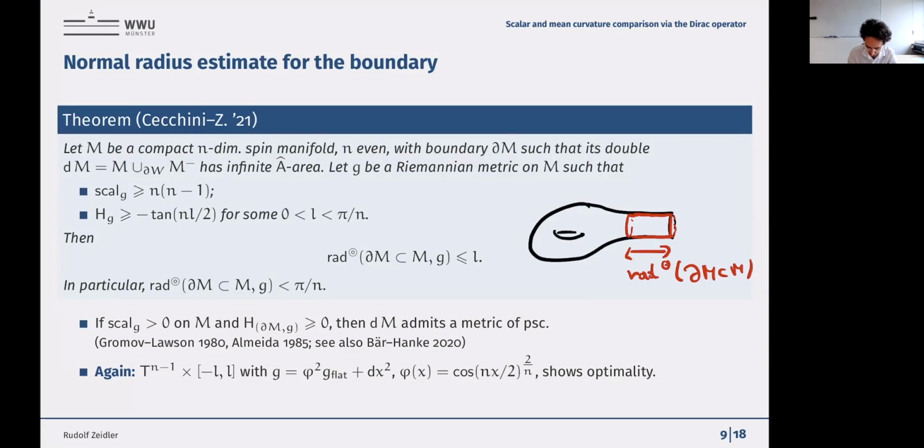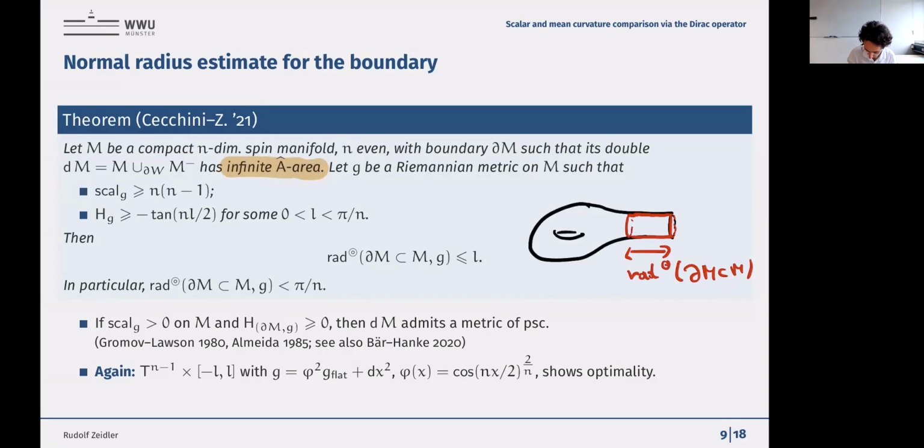The double is the manifold that you obtain by gluing the manifold to itself along the boundary, and you put the opposite orientation on the other half, and then it fits together to an oriented spin manifold again. And there is a condition on this double, namely that it should have infinite A-hat area.